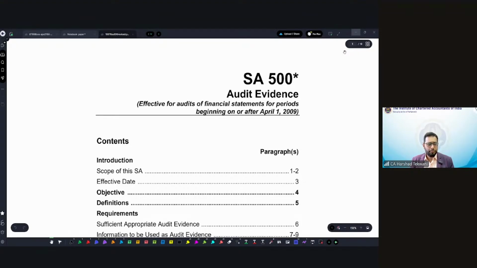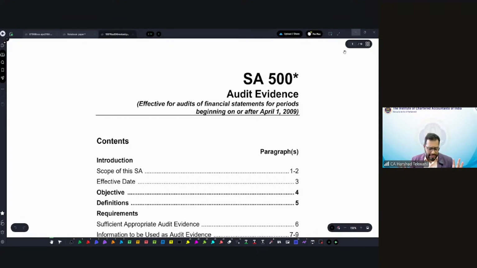For example, 1st April 2024 to 31st March 2025 is the period. If it is a quarterly audit, that quarterly period. If it is a monthly audit, the monthly period.